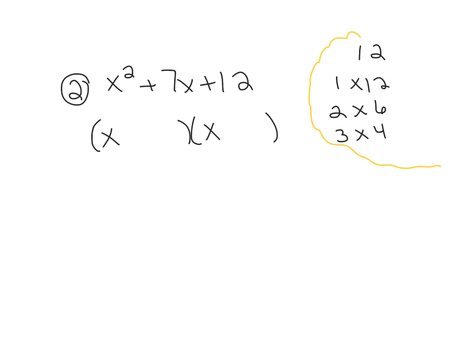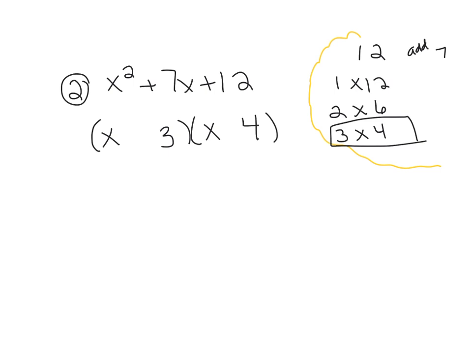Those are my possibilities to multiply to get 12, but it needs to add up to 7. Is there a combination of numbers that when you add them get 7? I should have picked 3 times 4. Now let's look at your signs.